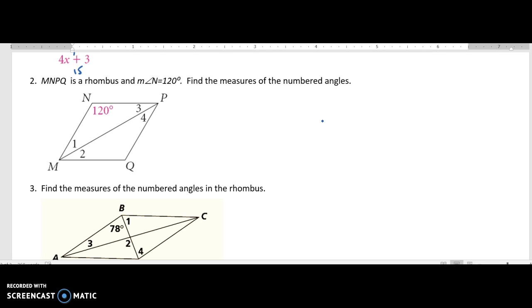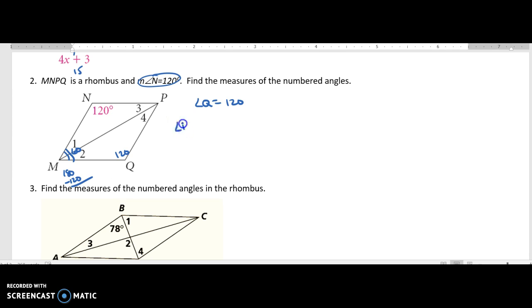Number two, here, MNPQ is a rhombus, and angle N is 120. Find the measure of the numbered angles. Well, the easiest one to find first is using the property opposite angles are congruent. Angle Q is going to be 120. Now, here's the thing. Right here, that angle M, I'm going to do 180 minus 120 to get that this entire angle is 60 degrees.